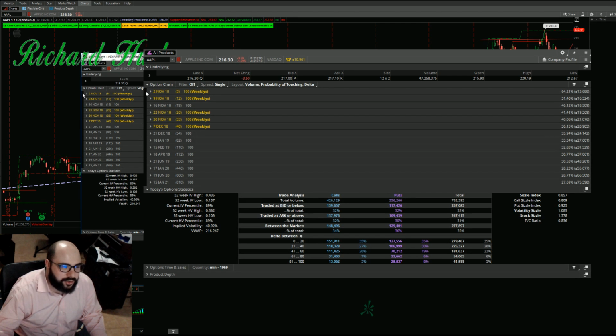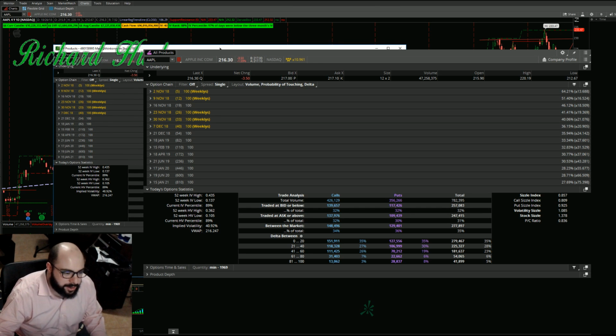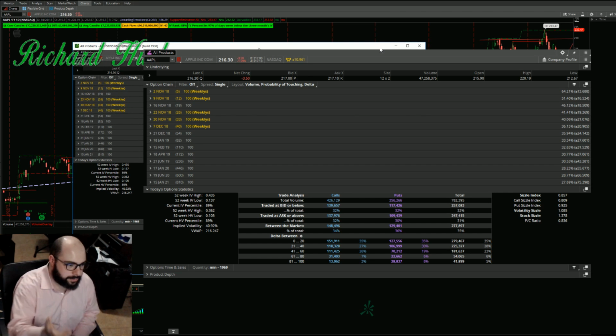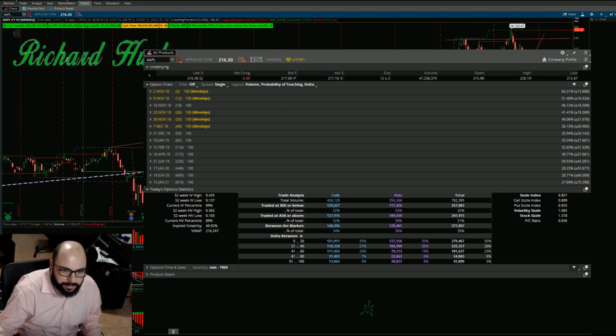And now you should actually look at your actual buying parameters, right? So here is the option chain for Apple.